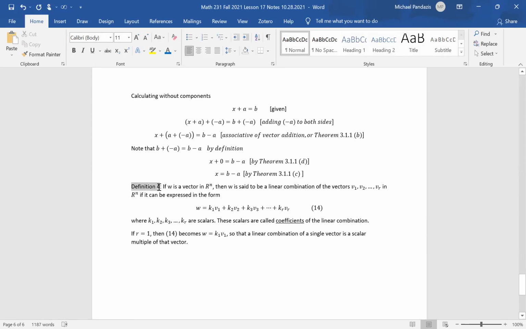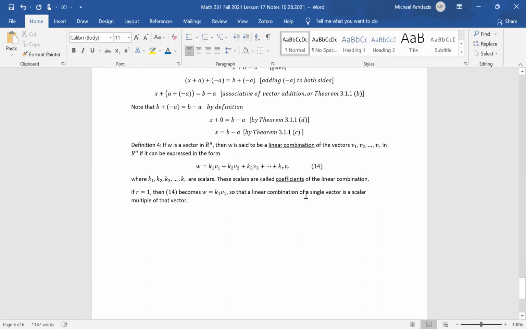Okay, so definition 4 is defining a linear combination of vectors. I would extend the line further, but the line would then interfere with the letters here. So I want you to be able to see the v's.